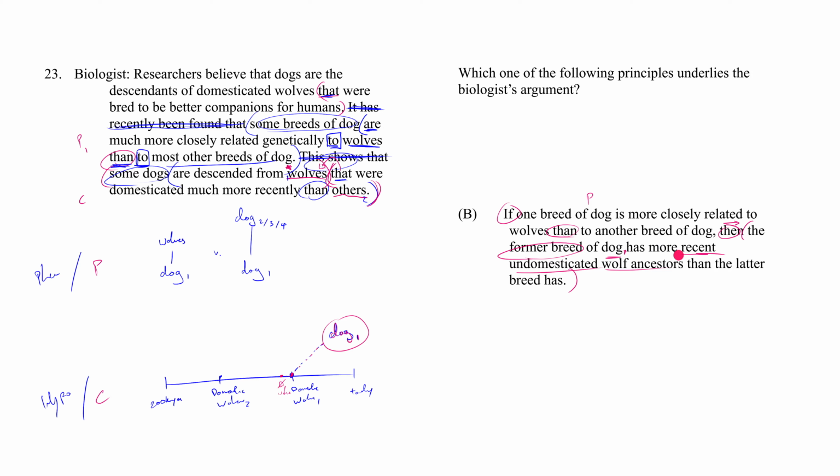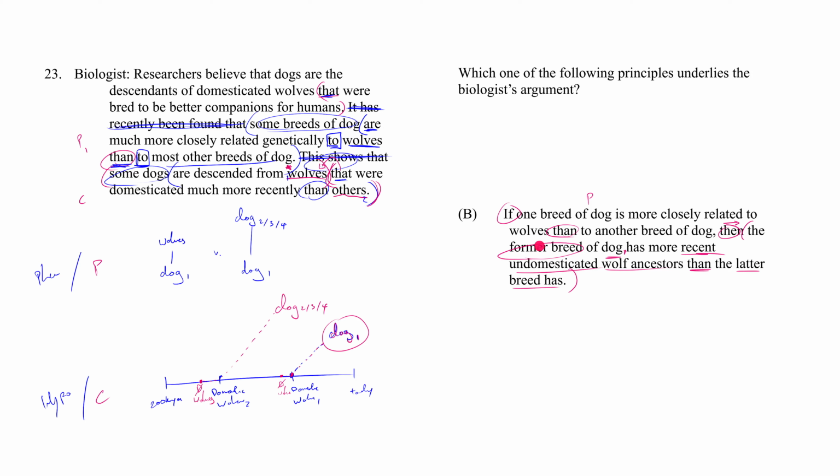Whereas, right, dog 1 has a more recent undomesticated ancestor than the latter breed. The latter breed is dogs 2, what we call 2, 3, and 4. They can't trace their ancestry here. They have to trace their ancestry to a less recent undomesticated set of wolves.